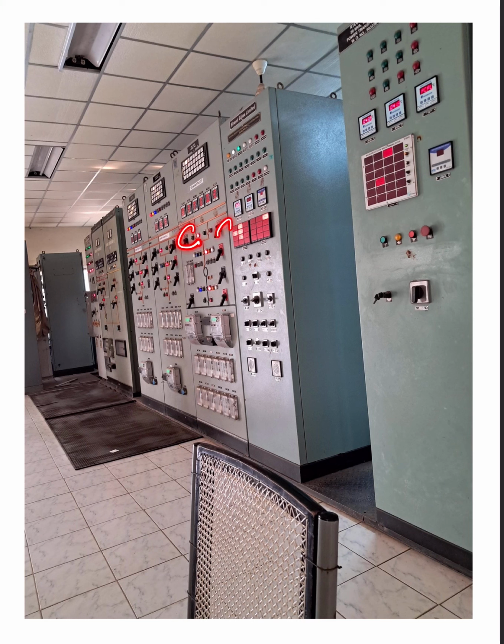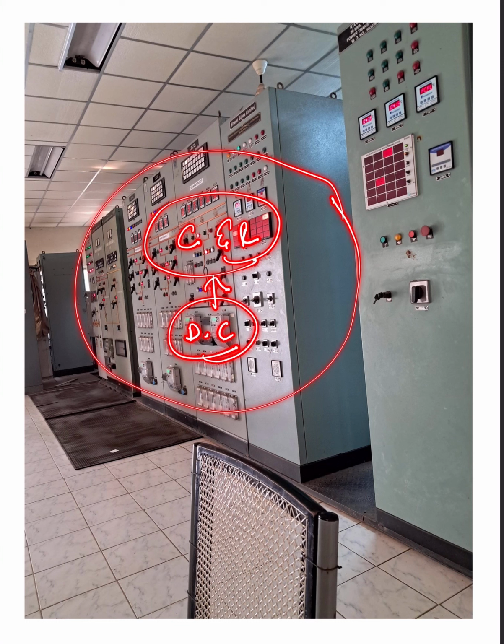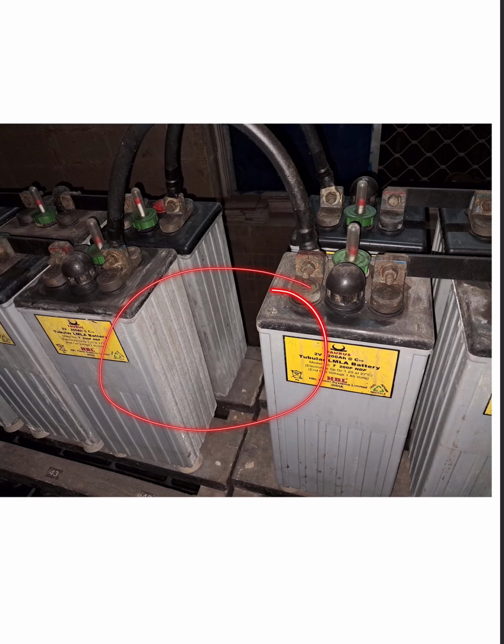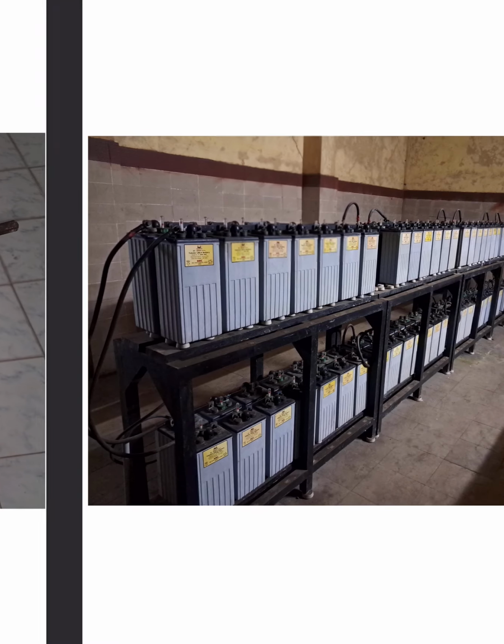So the control and relay panel mainly works on DC. Continuously you must maintain DC constant voltage. From where do we get this? From this battery. This battery will be arranged in a bank.